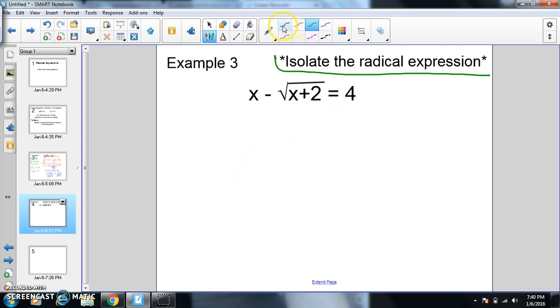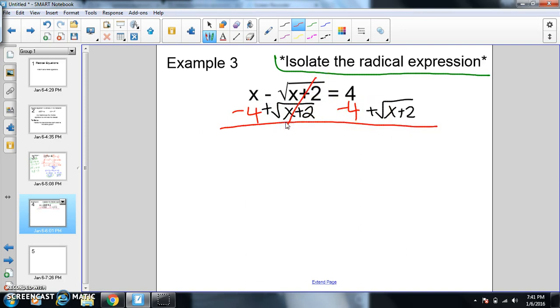So I'm first adding square root of x plus 2 to both sides of the equation. Then I am going to subtract 4 from both sides of the equation.